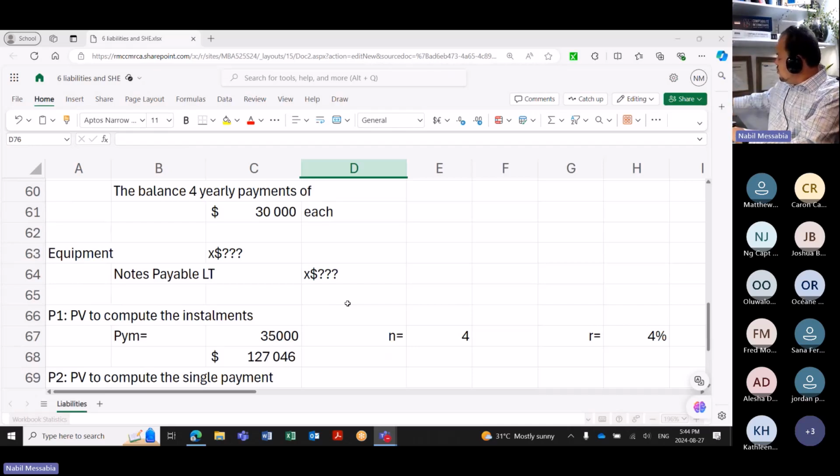The tables should be available somewhere in your textbook, maybe at the end of the textbook, or at the end of the chapter about long-term liability. Which chapter is it? 9, right?